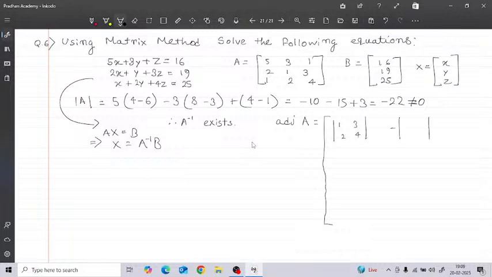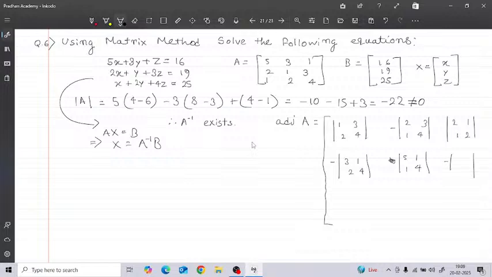Second one is 2 3 1 4. Third one is 2 1 1 2. Fourth one is minus 3 1 2 4, then 5 1 1 4.